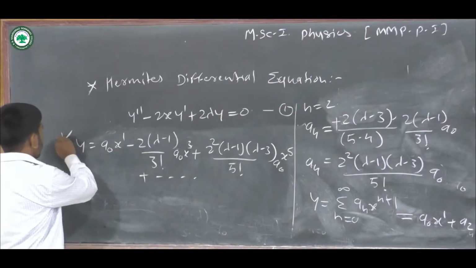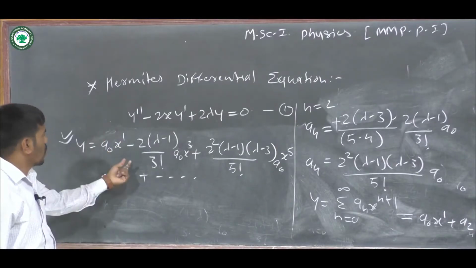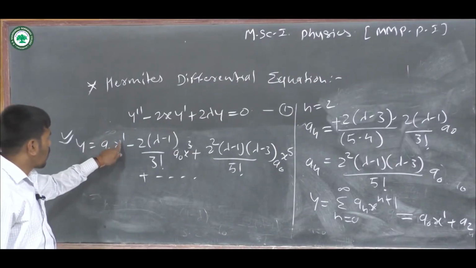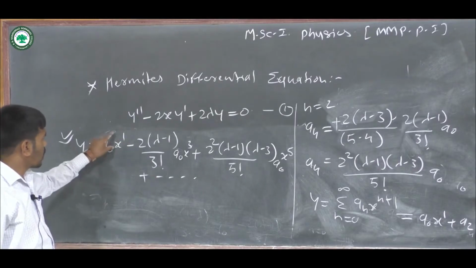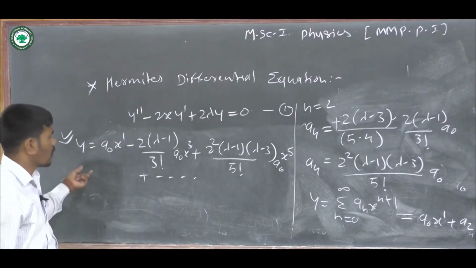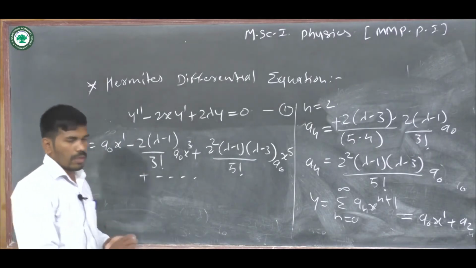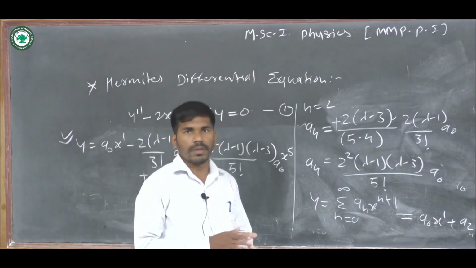So this is the second solution of the Hermite differential equation. In this equation, the powers of x are odd powers. Okay, so this is another independent solution of the Hermite differential equation. Okay, so let's stop here. We'll discuss the rest in the next lecture.